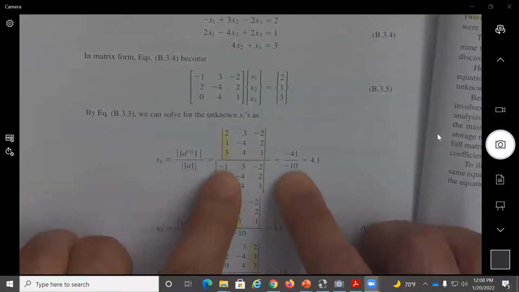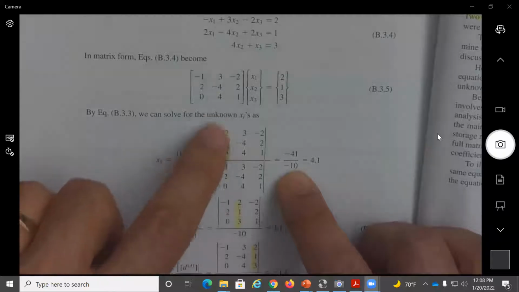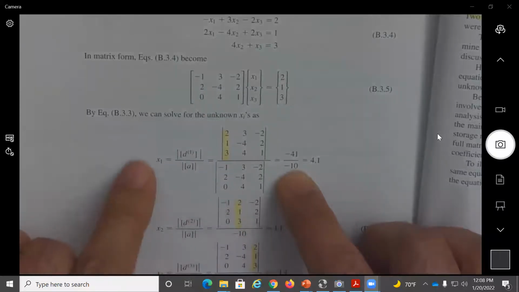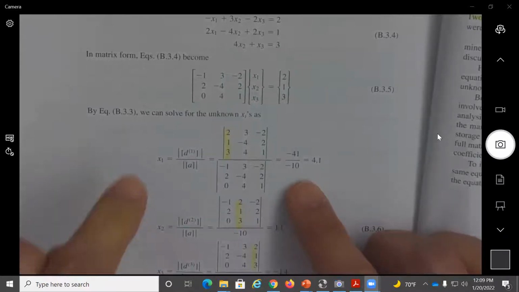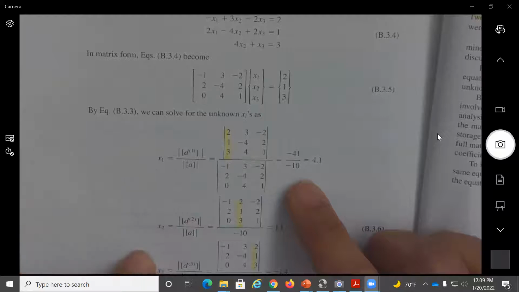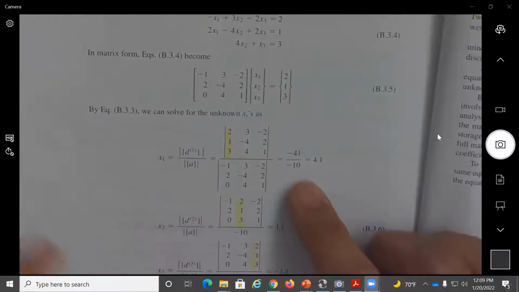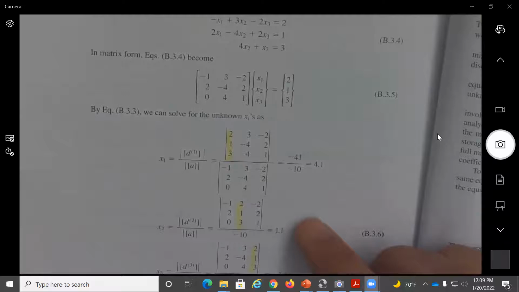So you will notice in every step for x1, x2, and x3, I'm dividing by -10, but I'm changing the column corresponding to the unknown that I'm trying to solve for. So that's why understanding determinants was useful, because I can use Cramer's method to solve for x1, x2, x3, or variables for a small set of algebraic simultaneous equations.